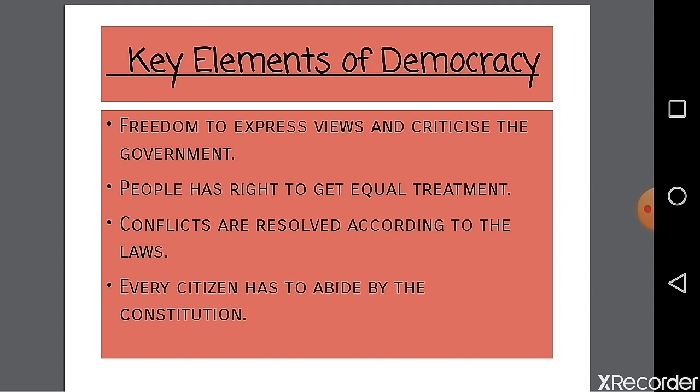Now the next is people have the right to get equal treatment. Suppose our Prime Minister is doing something illegal and the same offense is done by a middleman. Then what will be the punishment? Is there anything which is different for the Prime Minister? No, it is not like that.